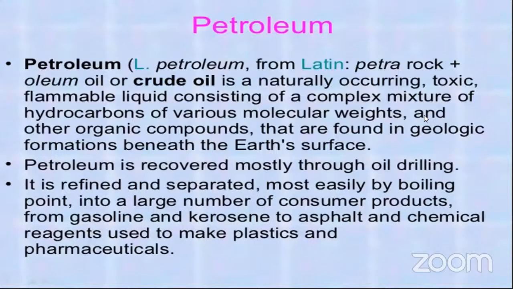Okay, so here the petroleum is a highly inflammable mixture of hydrocarbons of various molecular weights. It is present beneath the earth's surface, and usually the petroleum is recovered through oil drilling. This petroleum is found both in marine areas, that is in the sea or ocean, and also on the land.